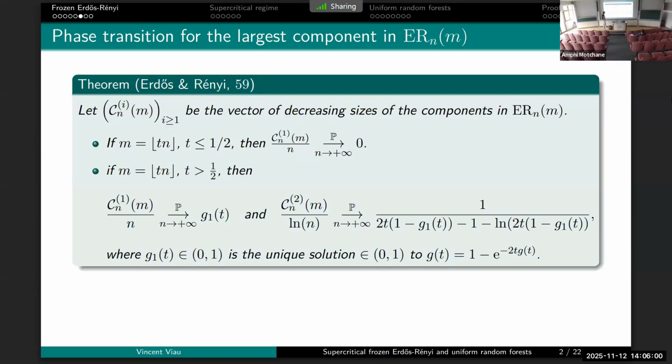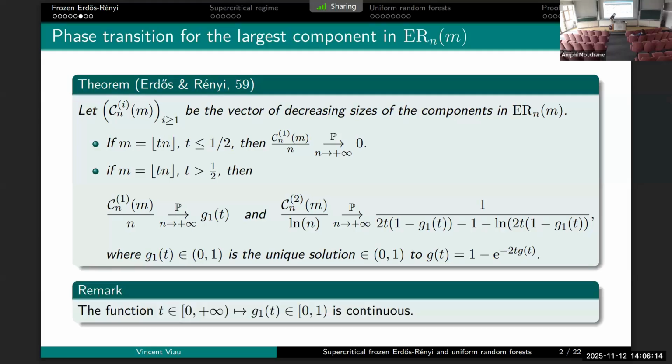Okay, and more precisely, what can we say about the size of this largest component? Its limit, we can verify, is the unique solution to this equation. And we can also check that the function given by this limit is continuous.